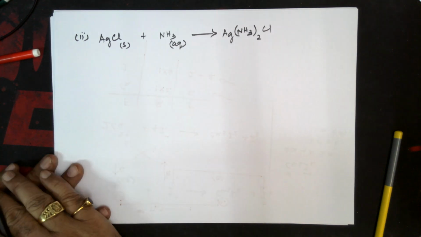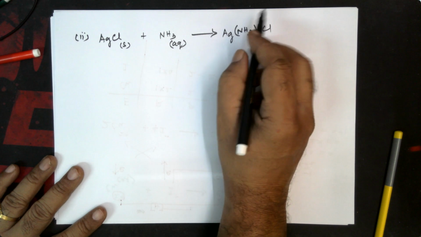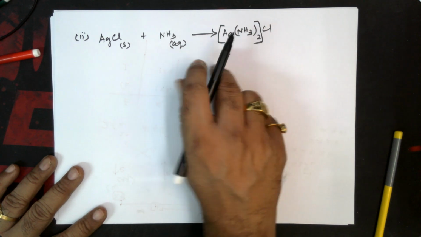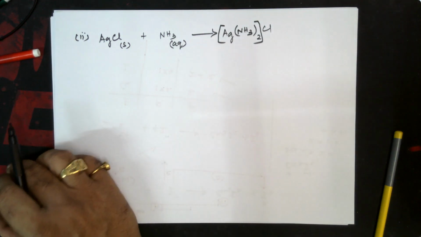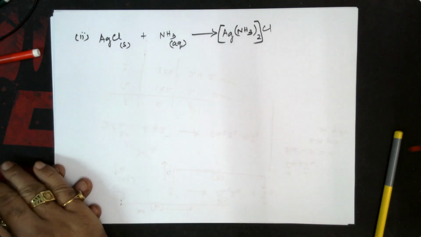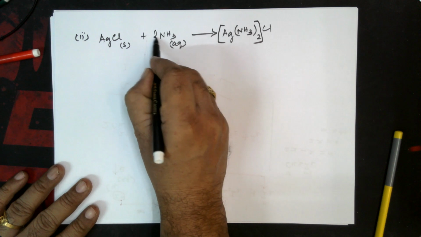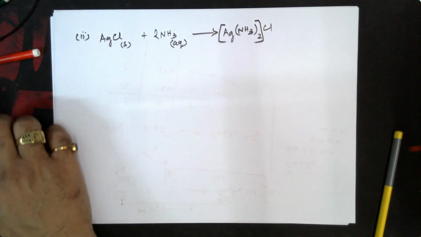Yes, you can put the bracket also. If I put the bracket, definitely you will find it is a complex compound. That's why I put it. And please check whether it is balanced. It's not balanced, so you simply need 2 on the silver chloride. You can put simply 2. That's all. This is a very important compound.